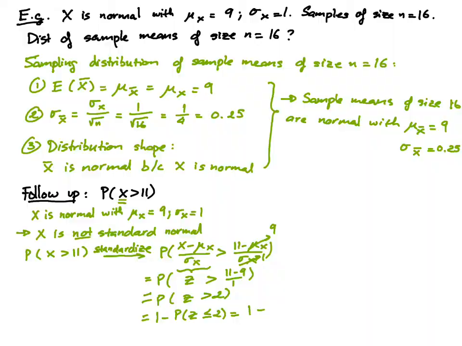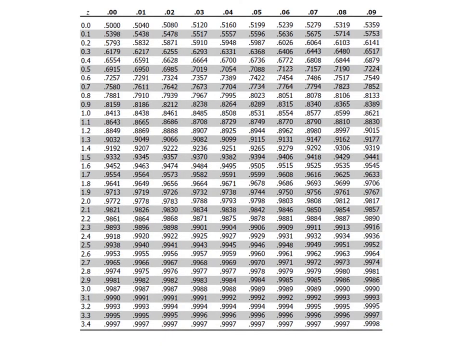So let's go to the table. You want to look for row 2.0 and look under column 0.00 to get the probability of 0.9772.